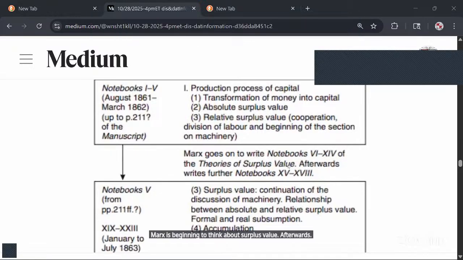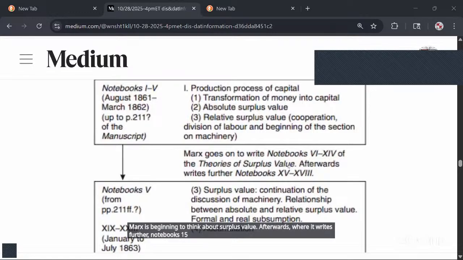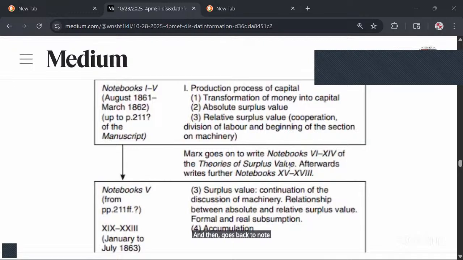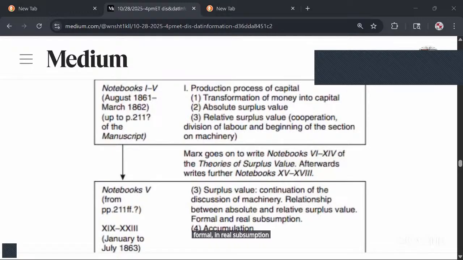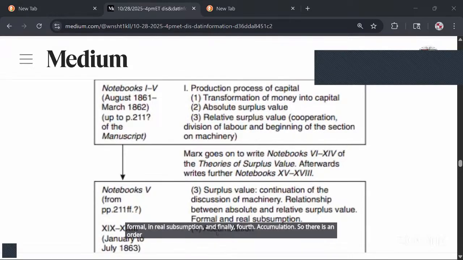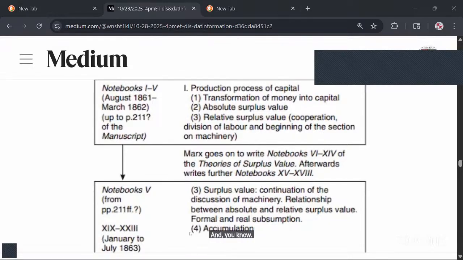Afterwards, he writes further, notebooks 15 through 18, and then goes back to notebook 5, having assimilated the idea, in this process, of surplus value, continuation of the discussion of machinery, the relationship between absolute and relative surplus value, formal and real subsumption, and finally, fourth, accumulation. So there is an order to this, and even a process in that particular sense.